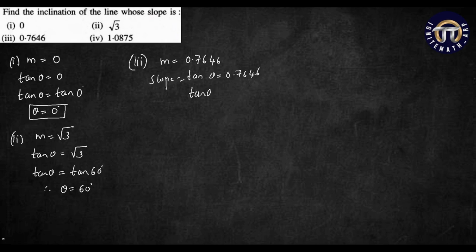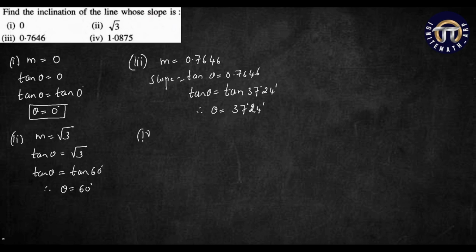So tan of what angle is 0.7646? From the table you will get to know that tan of 37 degree 24 minutes is 0.7646. So I can say inclination theta is equal to 37 degree 24 minutes.